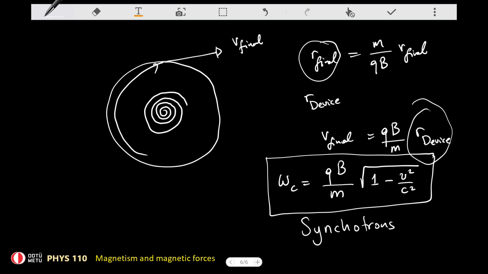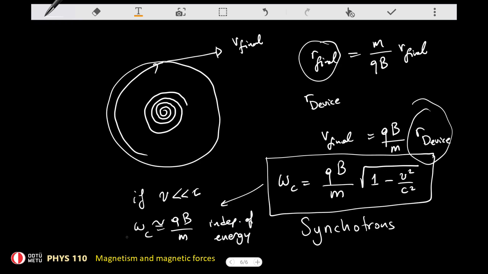Let's repeat again. Of course, the frequency depends on the speed, but for non-relativistic speeds, let's say it like this: if the speeds are small compared to the speed of light, then omega c is approximately equal to qB over m. That's independent of energy. That's the main principle that we use for building the cyclotron.